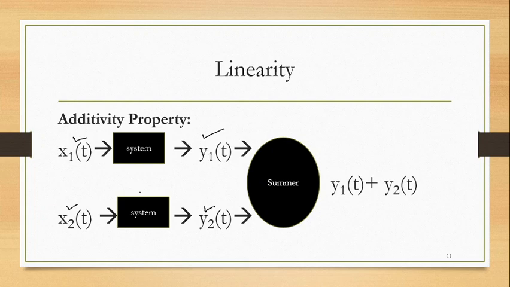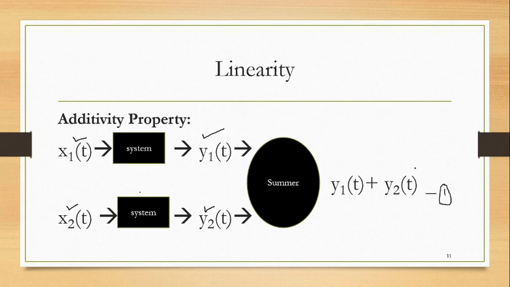Now at the output we sum y1 of t and y2 of t by passing them to the summer, or adder, as we call it. Of course we will have y1 of t plus y2 of t at the output of this summer, because these two outputs will be added here. So this is, for example, equation number 1.